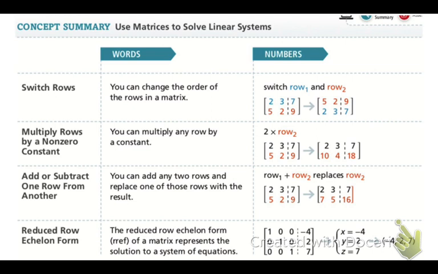You can switch the rows around if you'd like. You can multiply rows by non-zero constants. Why can't I multiply it by 0? Because then it'd be 0. You can't multiply by 0.